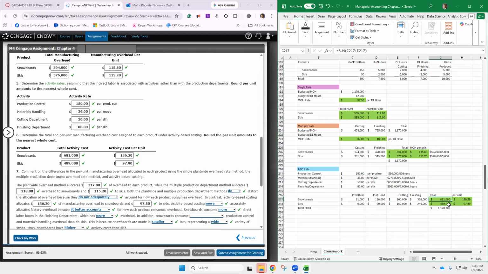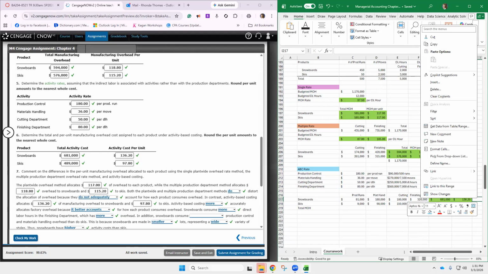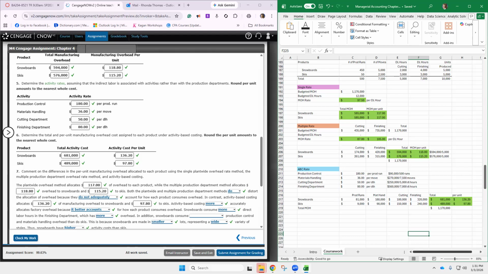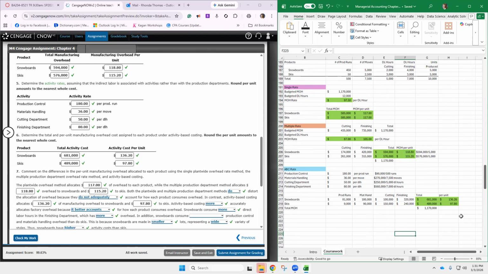Now, when you divide each of these by the 5,000 units, here's how this is calculated. 681,000 divided by 5,000 units.